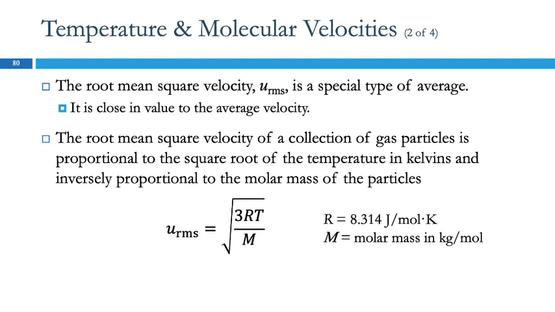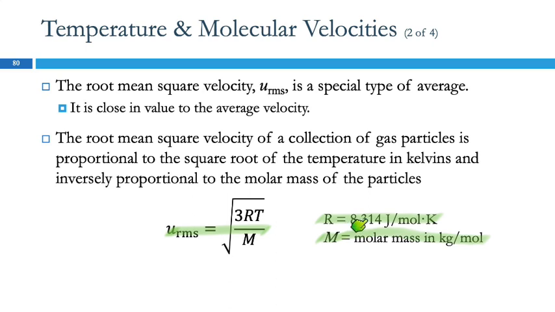So this is a useful equation. I don't think it's worth memorizing, but you need to know how to use it. It's the square root of 3 times R times T divided by M, and there are two important details here. We're going to use the ideal gas constant with different units, and because the units are different, the numbers are going to be different.